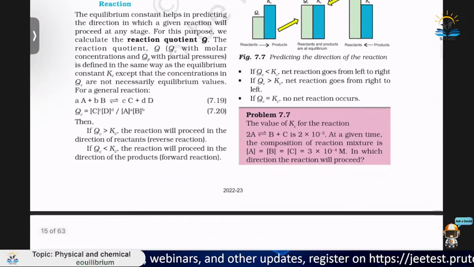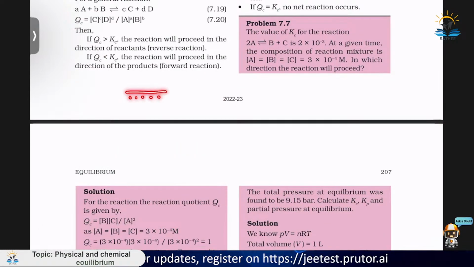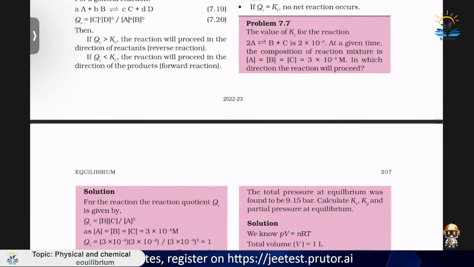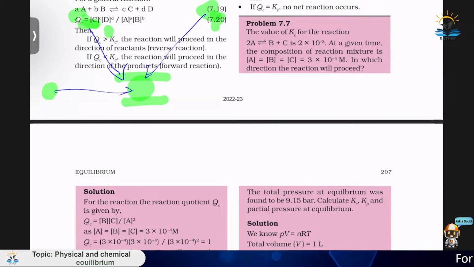Predicting the direction of reaction. Suppose you know that this is the equilibrium state of a reaction. If you are somewhere away from it, where will you try to go? You will try to attain the equilibrium state. That is Le Chatelier's principle.